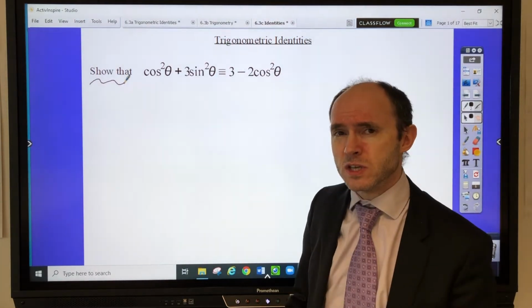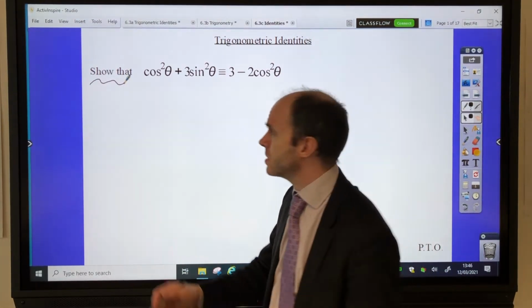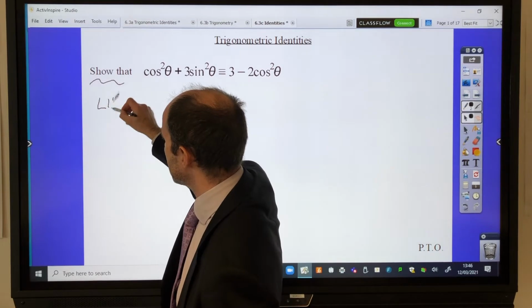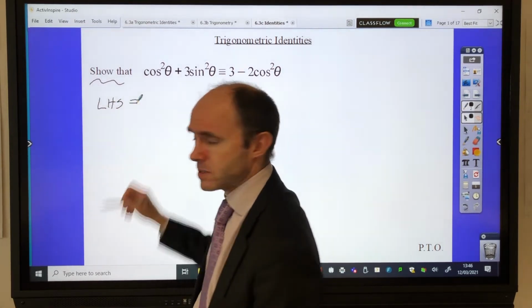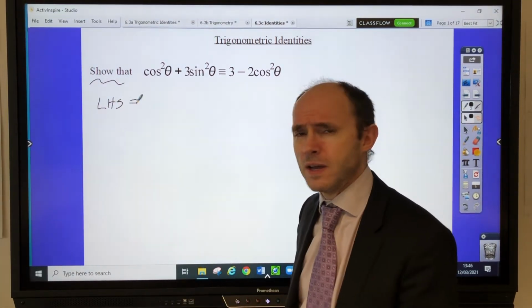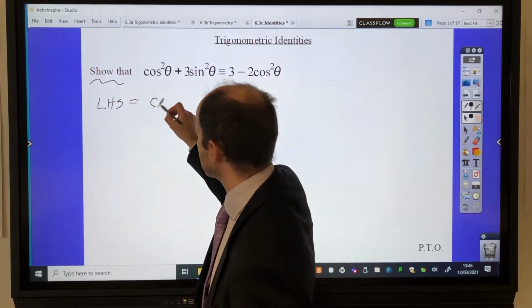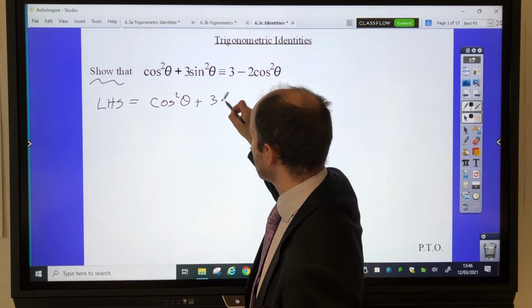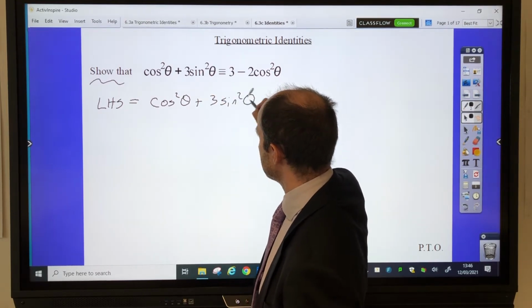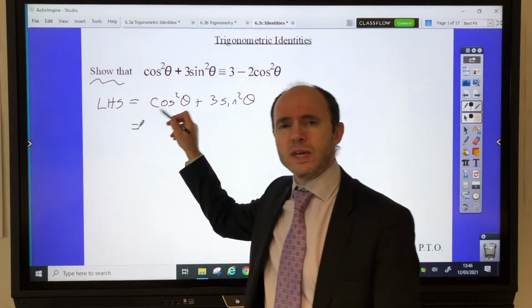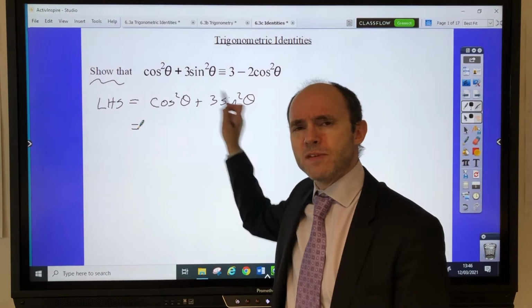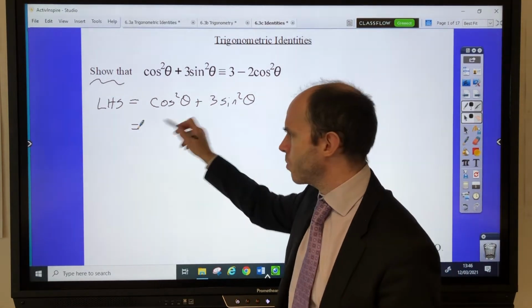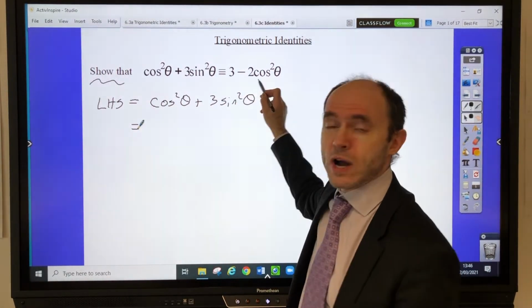The thing to do is you pick a side on which to start. Most often, the side to begin with is the left-hand side, LHS for short. I'm just going to write out the left-hand side again: cosine squared theta plus 3 sine squared theta. The idea is that with each new line of working, I'm going to simplify that as much as possible and work my way towards the right-hand side.